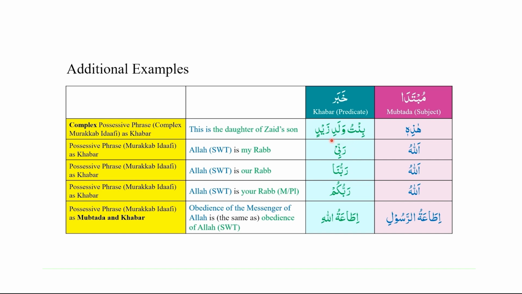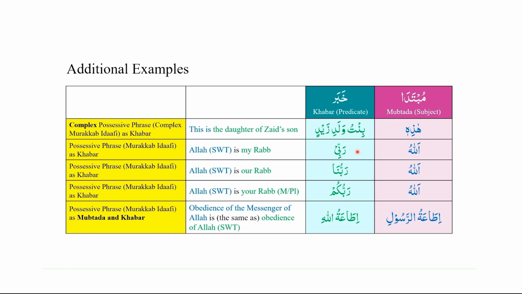Bintu waladi Zaidin. This is a complex possessive phrase or complex murakkab izafi. And in this example, the complex murakkab izafi is being used as khabar. Hazihi is mubtada, it is definite, and it is marfu.